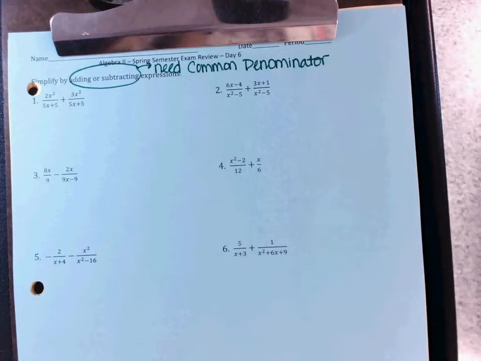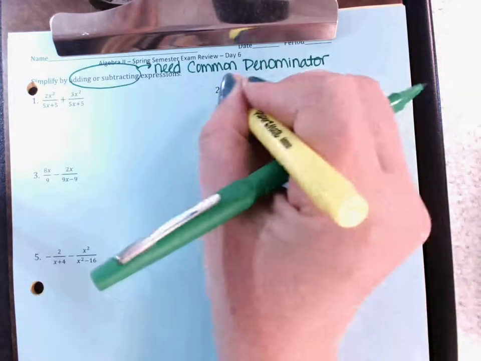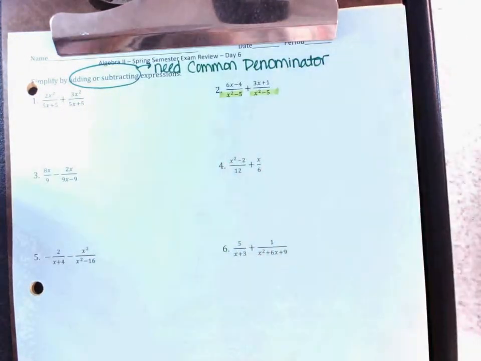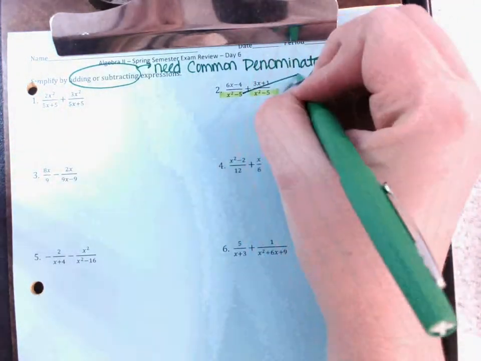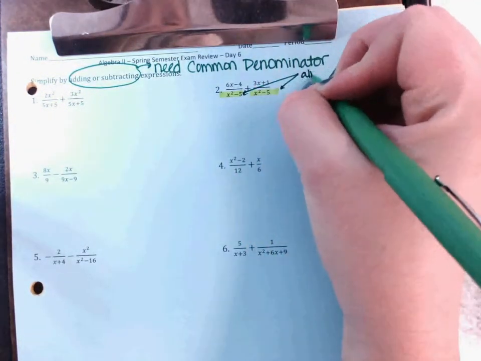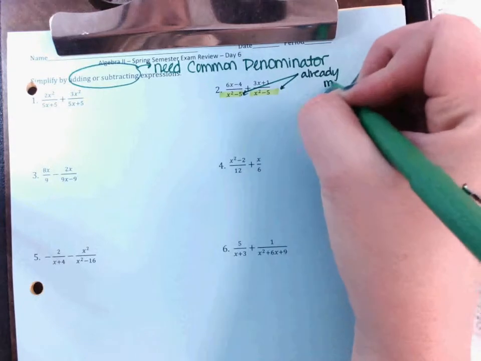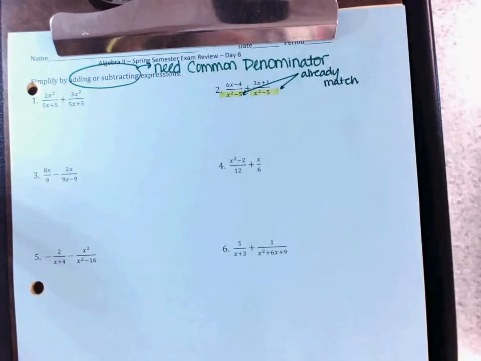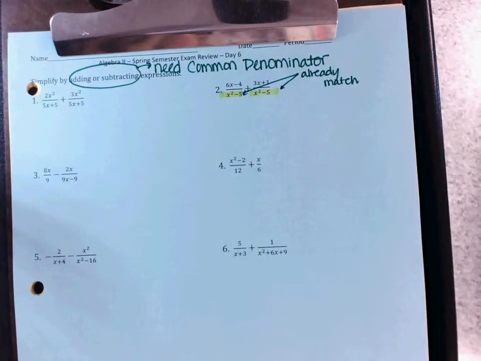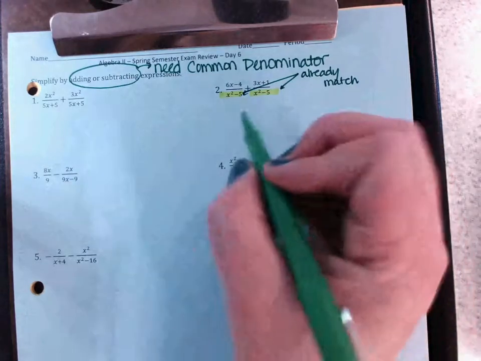So let's just do number 2. Do the bottoms already match on number 2? Yes, so now I don't have to fix anything. I'm going to put a little arrow here. When the bottoms already match, you're allowed to make one big fraction over that same bottom.